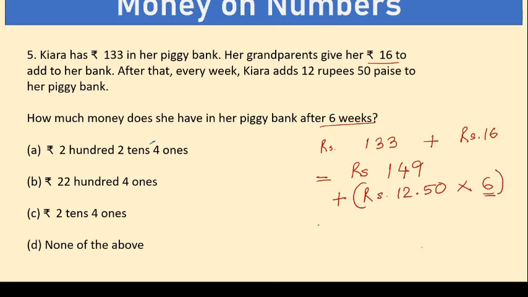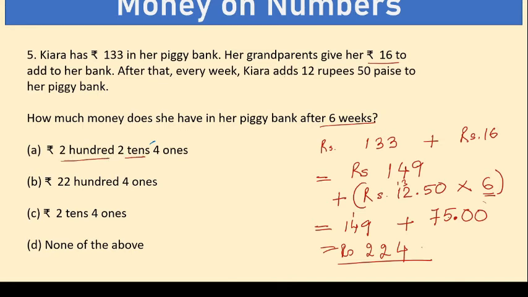The answer would be 12.50 times 6, which is equal to 75 rupees. Now 149 plus 75 is equal to 224 rupees, which is 2 hundreds, 2 tens and 4 ones. So our right answer is option A.